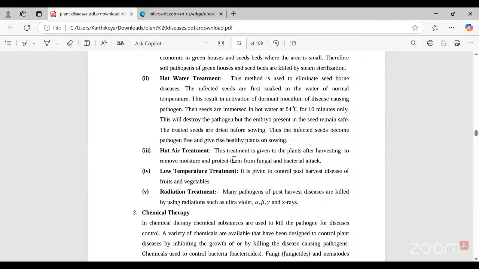Then seeds are immersed in hot water at 54 degrees centigrade for 10 minutes only. This will destroy the pathogen, but the embryo present in the seed remains safe. The treated seeds are dried before sowing. Thus, the infected seeds become pathogen-free and give rise to healthy plants on sowing.